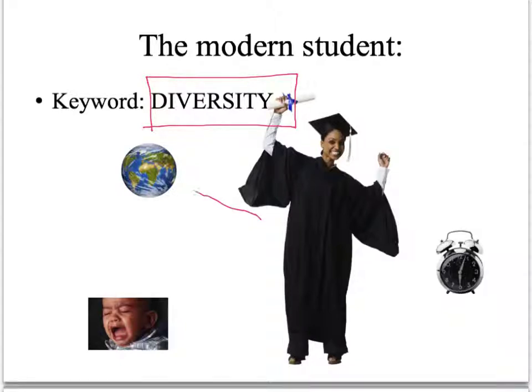So, what we have to consider is where they come from, whether English is their first language, whether they have any dependents that they might have to look after, and in particular time constraints. And learning technologies can be used to make sure that such diverse circumstances do not translate into disadvantages.